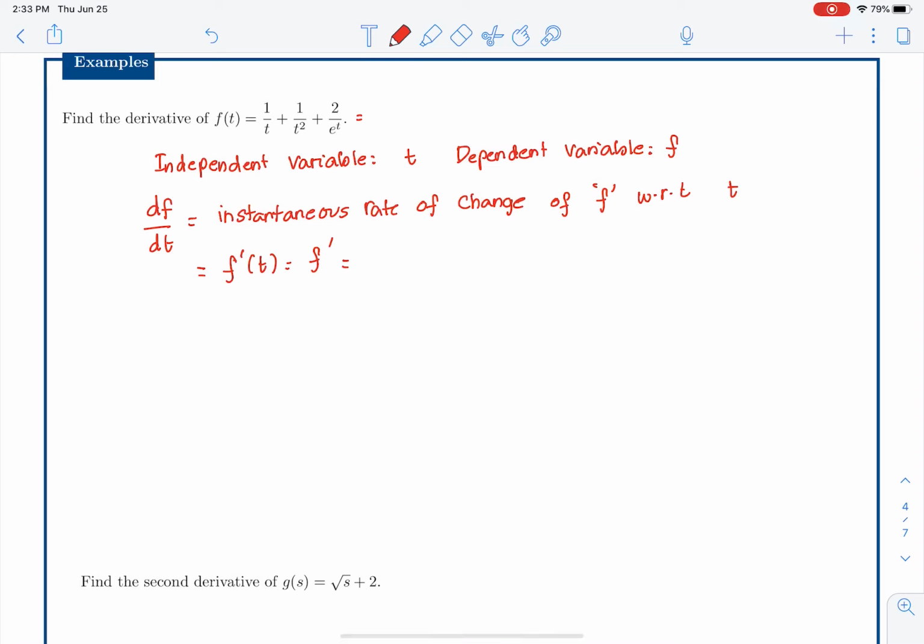So if we move the t to the numerator, we have t raised negative 1. In the second term, if we move the t squared to the numerator, we have t raised negative 2. In the third term, if we move e raised t to the numerator, we have 2 e raised negative t.